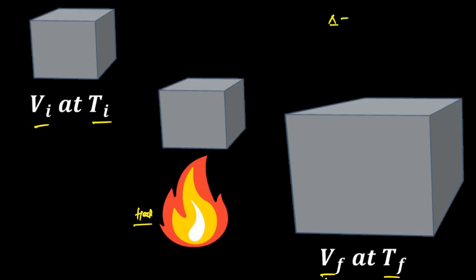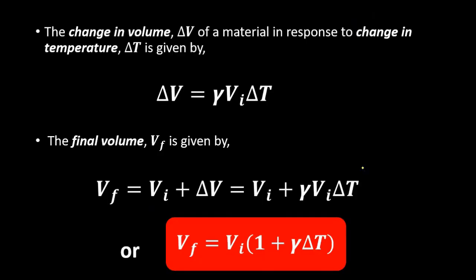Here also there are two things. First, the increase in temperature, Tf minus Ti, that is equal to delta T, and the increase in volume, which is equal to Vf minus Vi. The increase in volume is directly proportional to the increase in temperature, and also directly proportional to the initial volume.